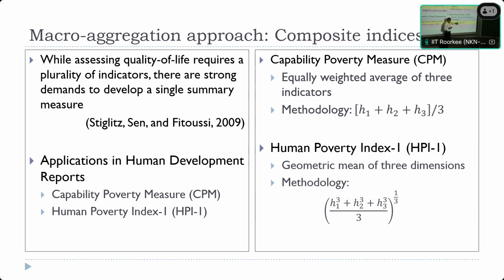Atkinson used less than 1, but they are using greater than 1. Any idea why? Poverty was, we wanted to check how much poverty is there. Yeah, but why? Because alpha is greater than 1, the measure is more inequality averse. In the poverty world, a higher value of an indicator means worse.